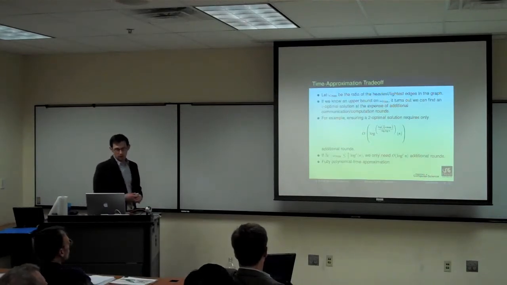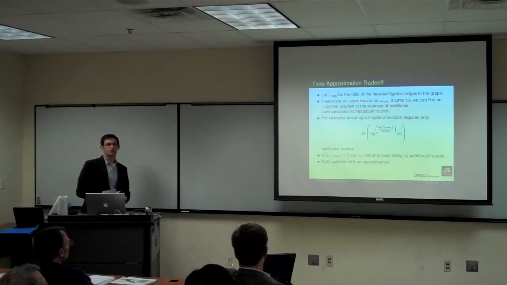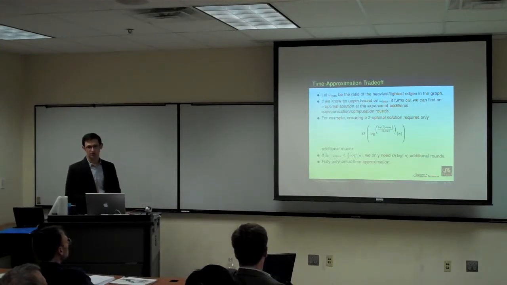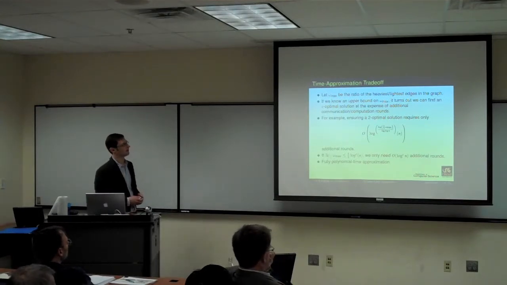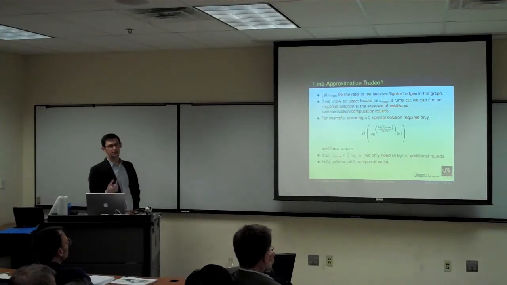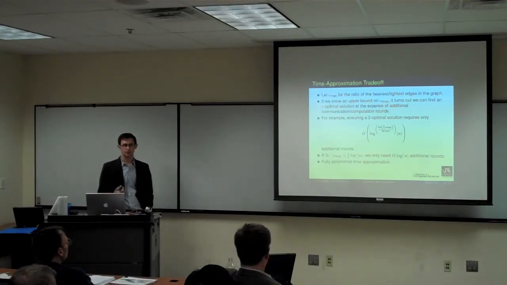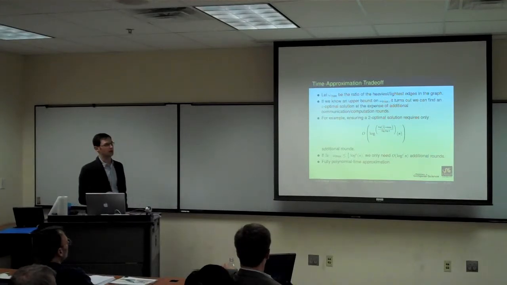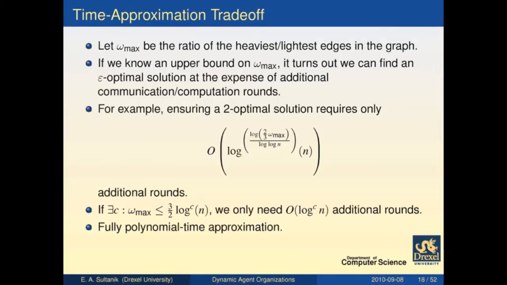Now, we also have a procedure for trading off computation time and the approximation bound. If we have a finite upper bound on the heaviest, or costliest, edge in the network, then we can get an epsilon optimal solution. We can get arbitrary optimality at the expense of additional messaging rounds, at the expense of additional runtime.